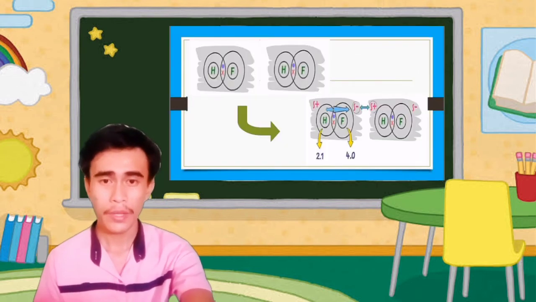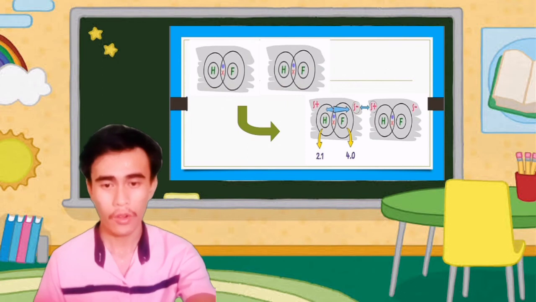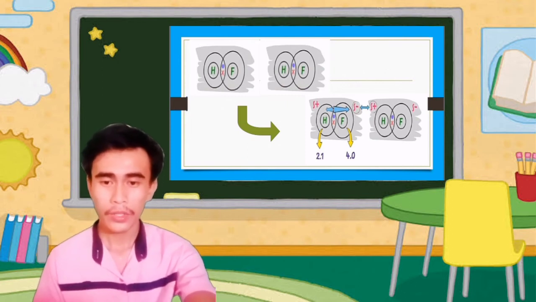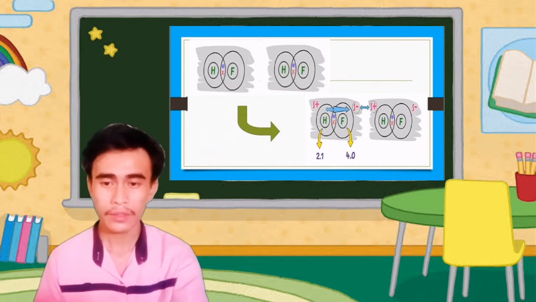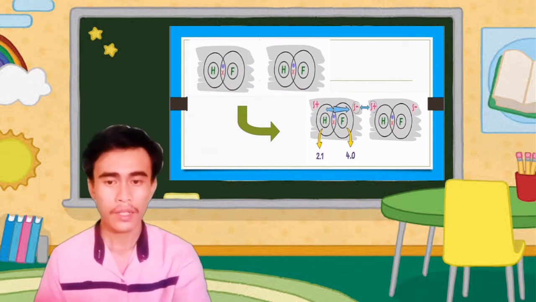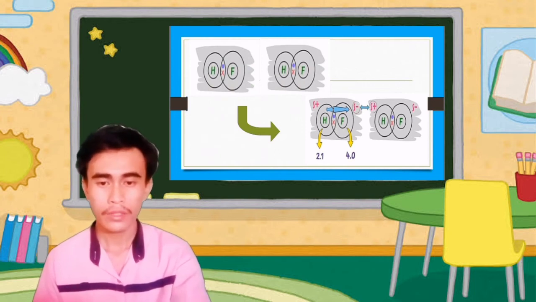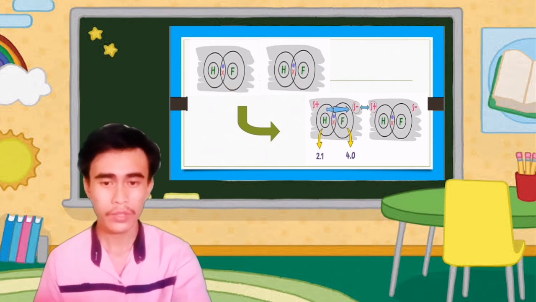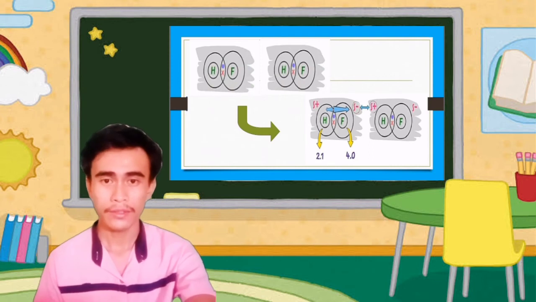So imagine that we have two hydrogen fluoride molecules. There is an attraction between the hydrogen in molecule 1 and the fluorine in molecule 2. So there is an attraction between the hydrogen and fluorine, and it is called hydrogen bonding.